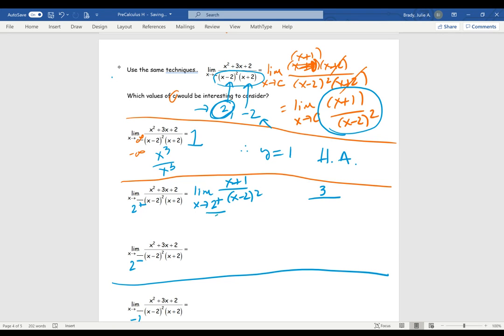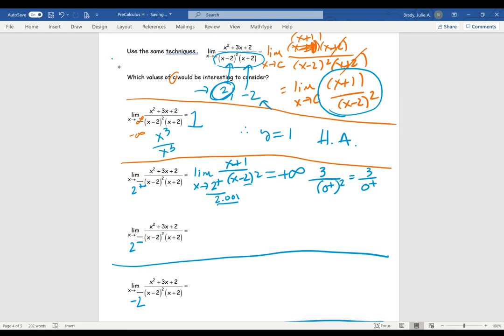If we pick a number a little bigger than 2, sometimes it helps to write a decimal there, you would have this number minus 2. That's a little tiny positive number. We write that as 0 plus, and we square it. So this is 3 over 0 plus. And that's one of our basic forms. It's something over 0, and that's a positive number, so we know it's going to explode up.